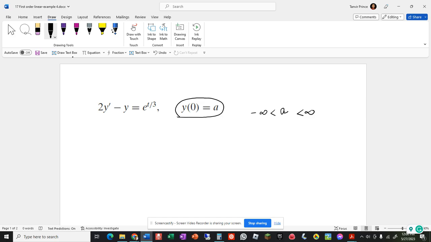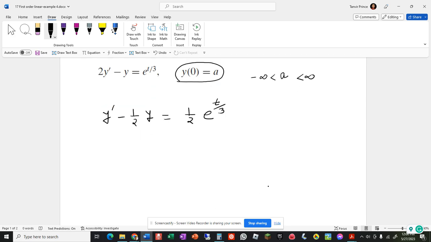So let's do that. So let's divide both sides by 2 to make it a standard form. So this solution should be easy. So let's find out. So in this case, the p is negative half. Remember, you have to include the sign on the left.